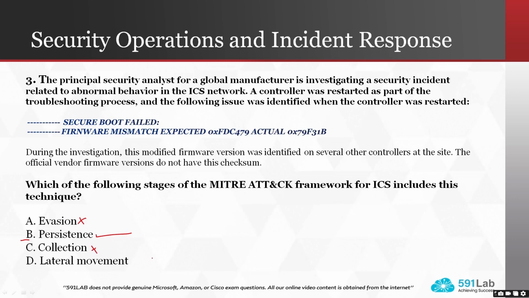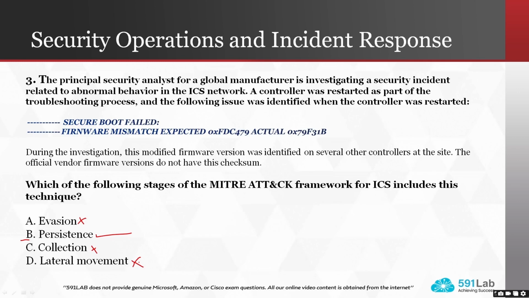Collection is simply a technique focused on gathering information from the compromised system. While the modified firmware might collect some information, the primary purpose seems to be maintaining a foothold. In our scenario, the primary concern is persistence. So collection could not be the correct answer.